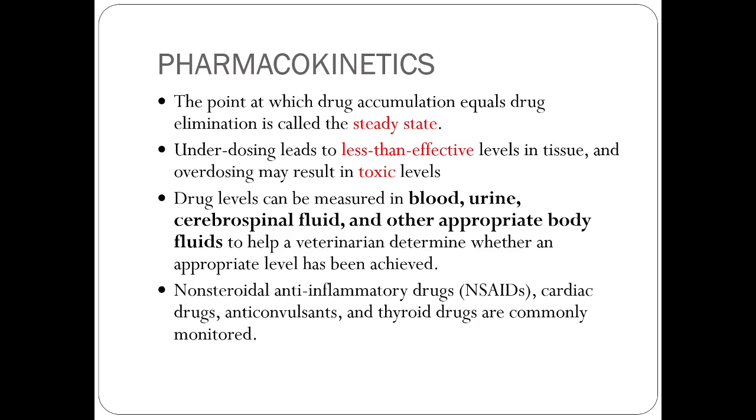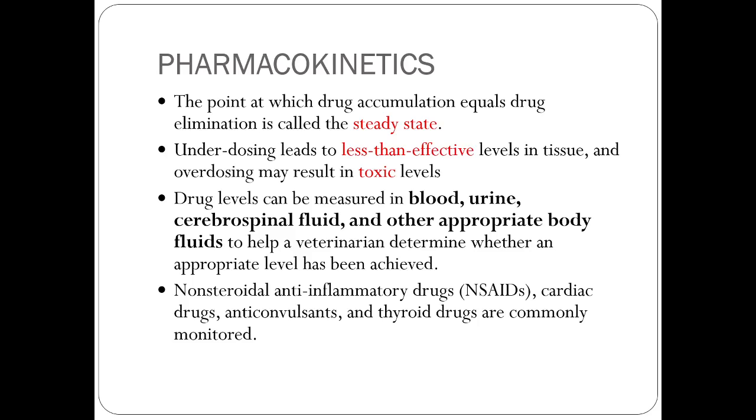Non-steroidal anti-inflammatory drugs, cardiac drugs, anticonvulsants, and thyroid drugs are commonly monitored because these are often drugs that are given for a long period of time, as in the case of chronic pain. We want to make sure that the metabolism is not changing and we're not eliminating the drug too quickly or too slowly, so that we don't have to adjust the levels.